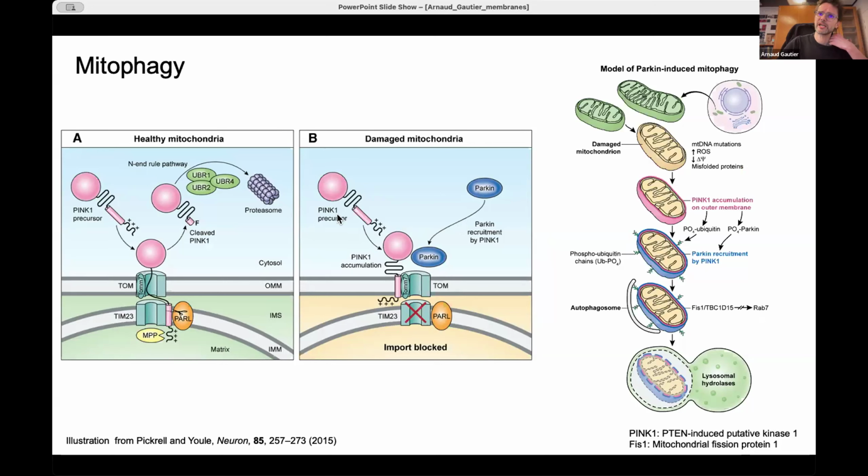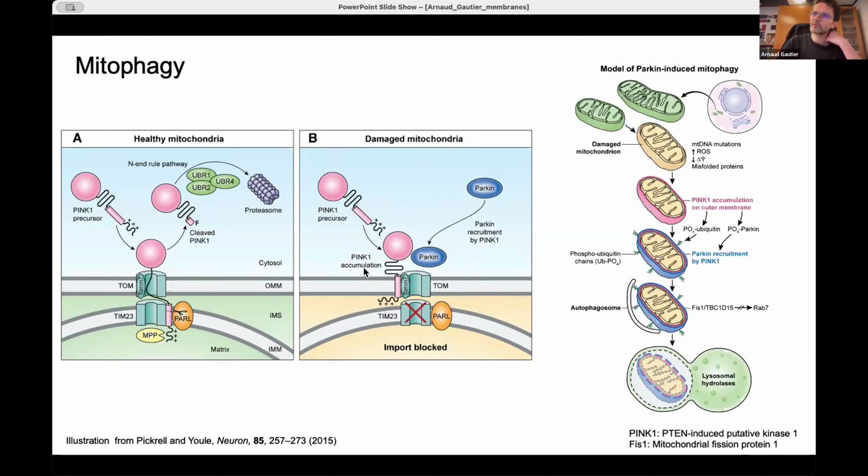And this process is actually triggered by the accumulation of a protein called PINK1 in damaged mitochondria upon damage of the membrane. And upon accumulation of PINK1, you have a recruitment of a protein called parkin, which will lead to the formation of autophagosome and ultimately to the degradation of mitochondria by the lysosomes.